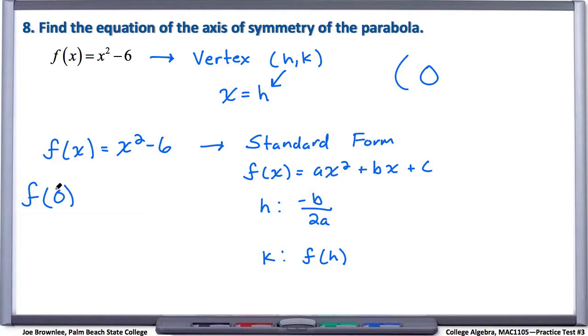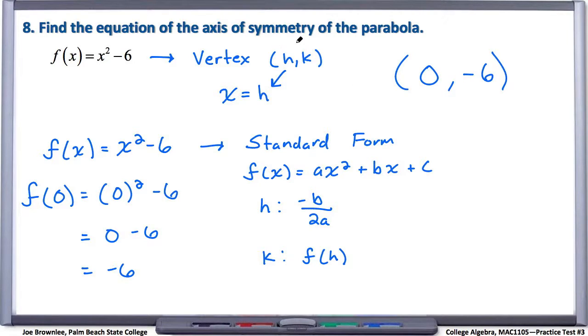Remember, this is f of h. That's how we find k. If we plug in 0, 0 squared is just 0, minus 6, so we get negative 6. And so our vertex is located at the point 0, negative 6.